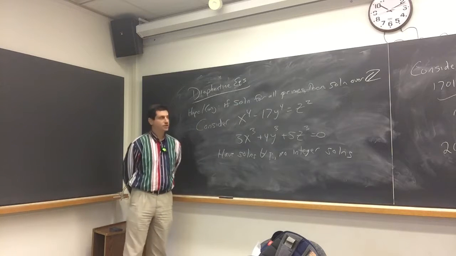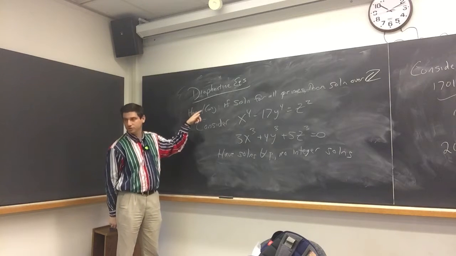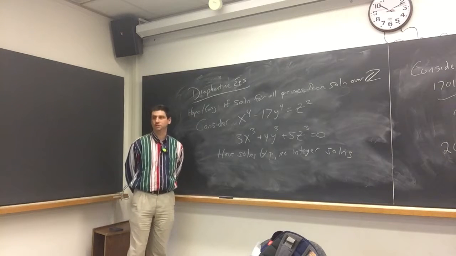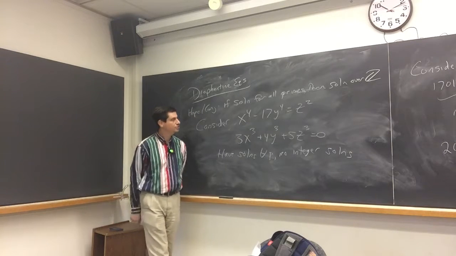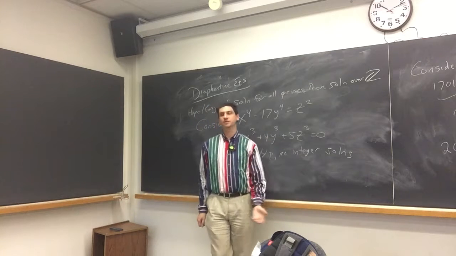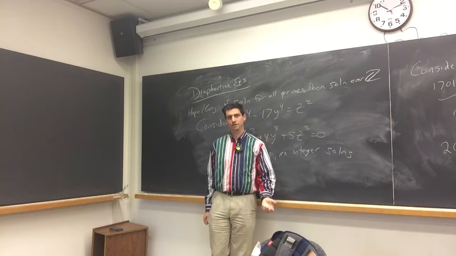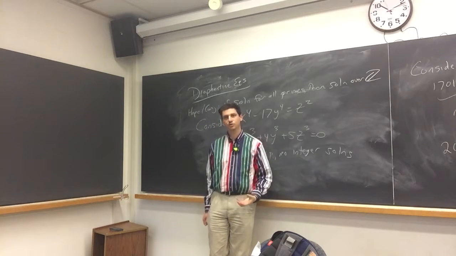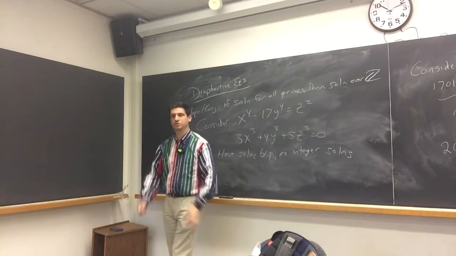Quite sad. So what that means is that this conjecture, this hope, can't be true in general. It's too much to assert that given any Diophantine equation, if it has a solution for every prime, then you can somehow build up a solution.